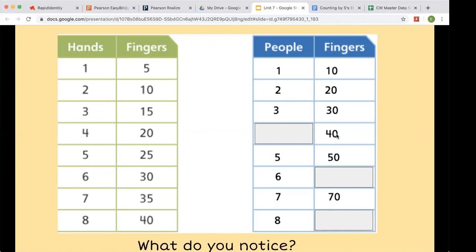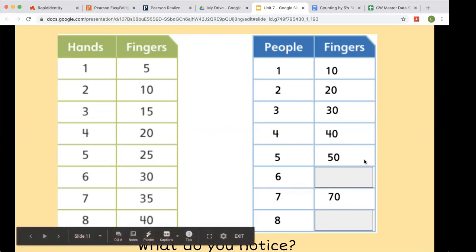I wonder how many people would I need to get 40 fingers? If you were thinking 4, kiss your brain. 5 people, 50 fingers. 6 people, 60 fingers. 7 people, 70 fingers. 8 people, and 80 fingers.